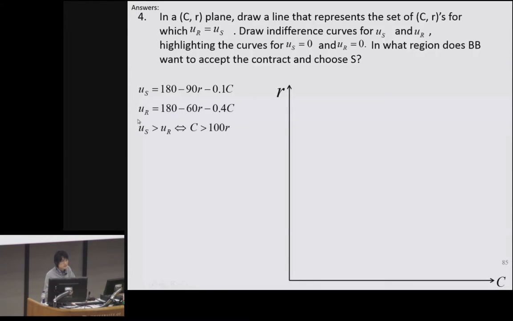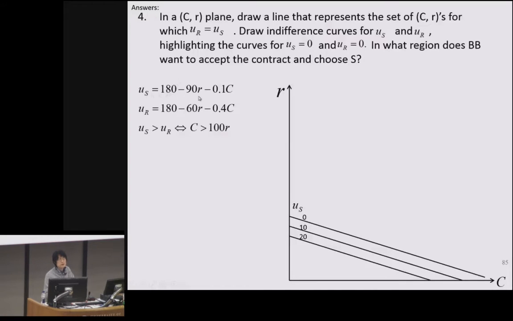We have the CR plane. C is the amount of collateral, R is the interest rate, so every single dot in this plane represents a particular loan contract. It can be a high collateral, low interest contract, or it can be a high interest, low collateral contract. The indifference curves for Brown Bakery's utility function when it chooses the safe project should look like this.